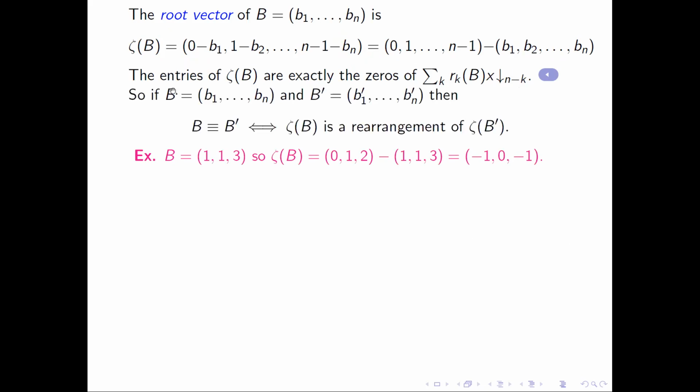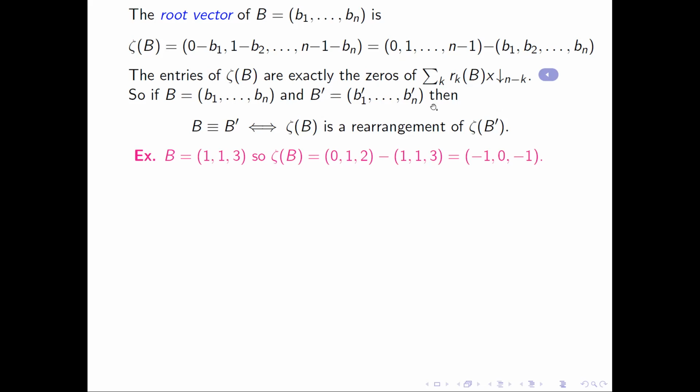So if I have a Ferrers board and another Ferrers board, then B is Rook equivalent to B prime if and only if the root vector of B is simply a rearrangement of the root vector of B prime.